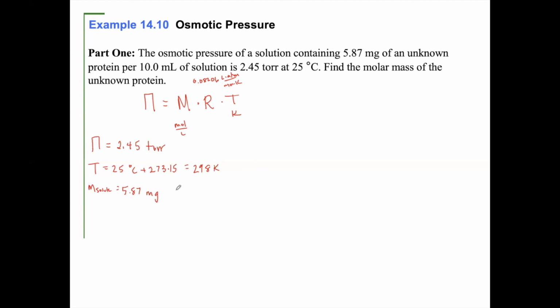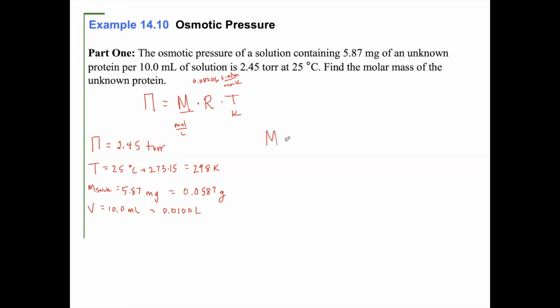I just have a feeling I'm going to need grams later on, so I'm just going to convert that to grams right now. The volume of the solution is 10 milliliters. Again, I have a feeling I'm going to need some liters in here at some point. Okay, so those are all of our knowns. What have we not been given here? We don't know what the molarity is of the solution. That's the one thing that we don't have information for in this formula. So let's figure it out.